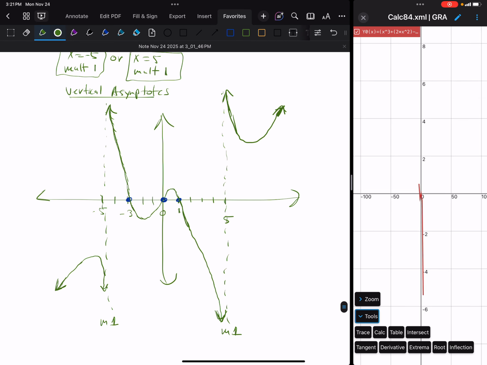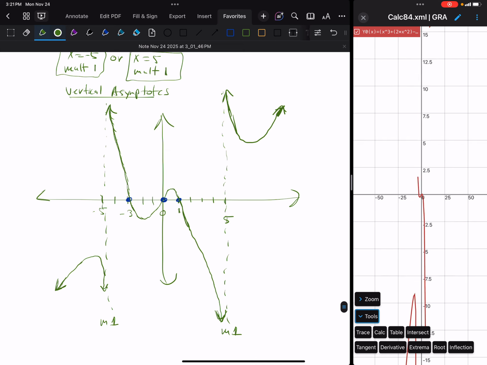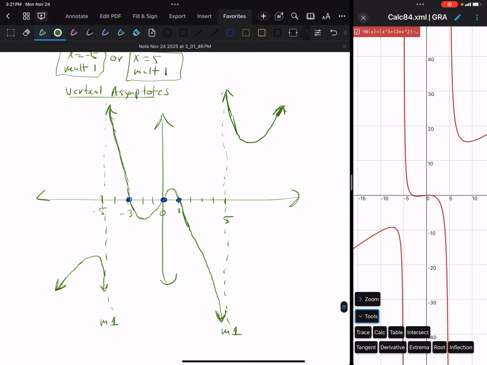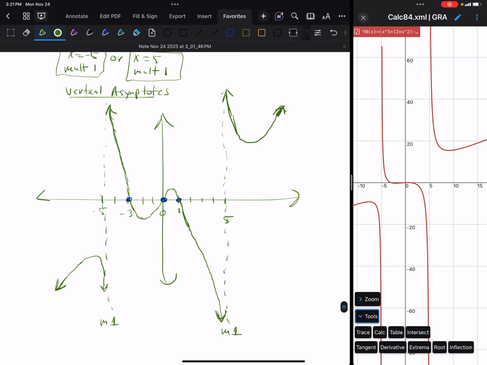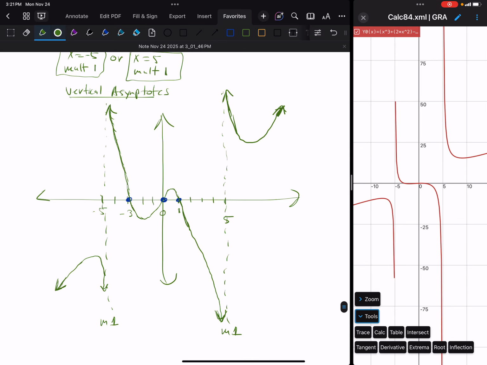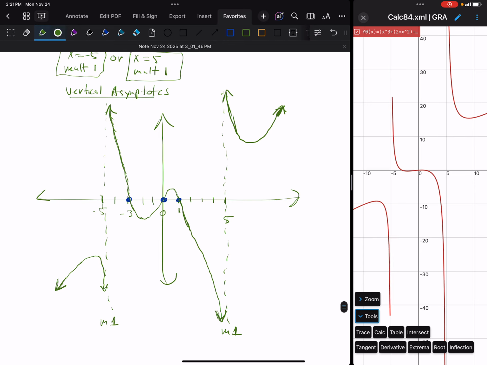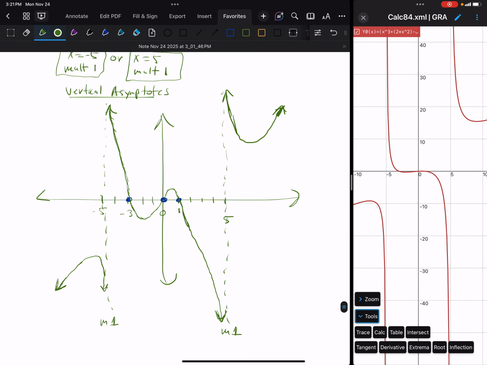All right, now if I zoom out, I've zoomed out too far. There we go. Let me zoom out in the y-axis as I zoom out in the x-axis. What do you know about that? It's almost like I have an idea what I'm talking about.